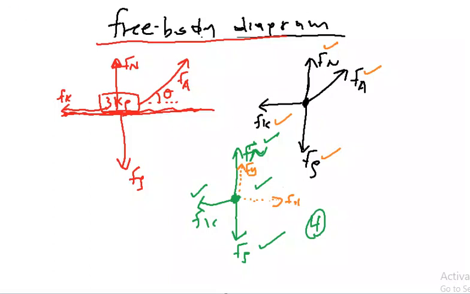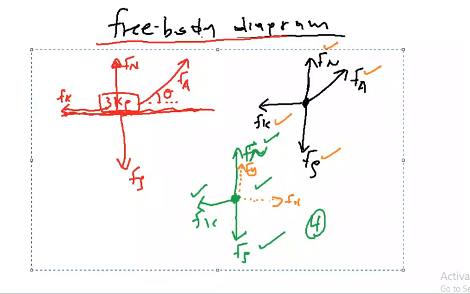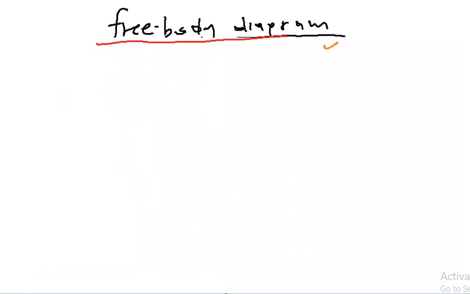Okay, then we go to another case where the object moves on an inclined plane or an inclined surface. We will draw the free body diagram there. Let's say here is the object. The object is moving on an incline, the 3 kg. The 3 kg is moving up, for example, by force applied.